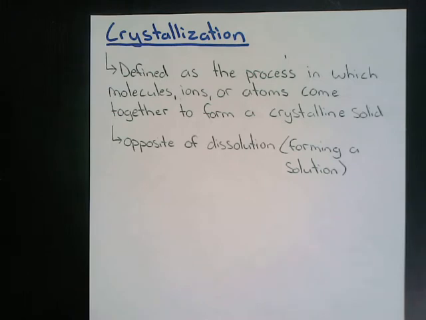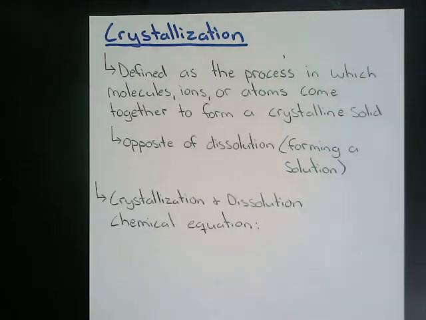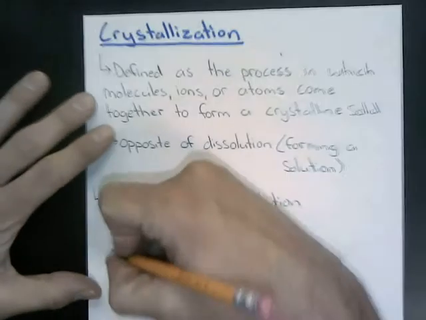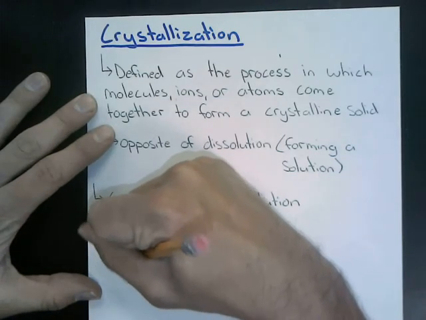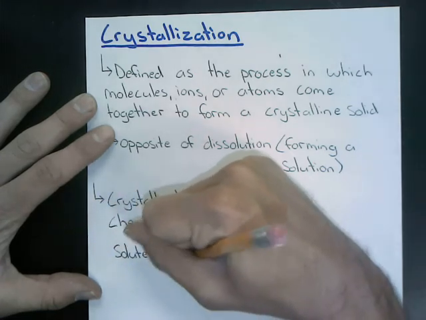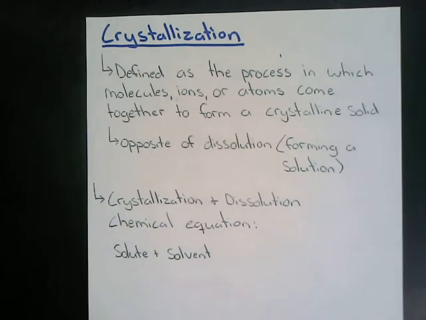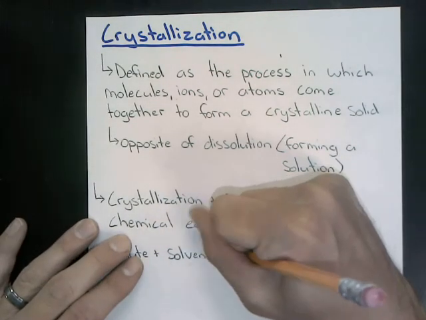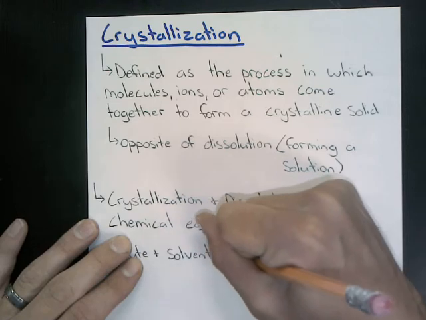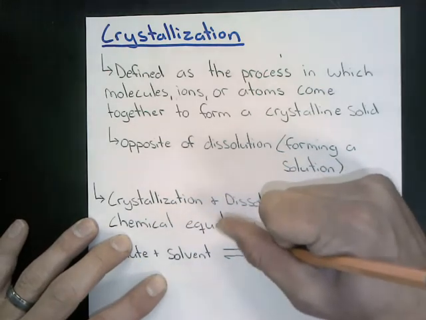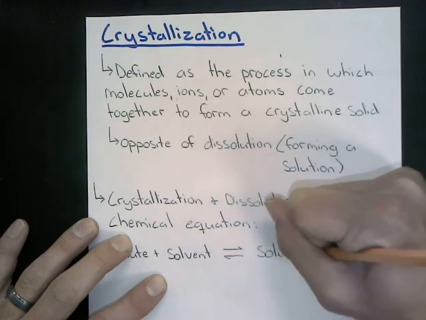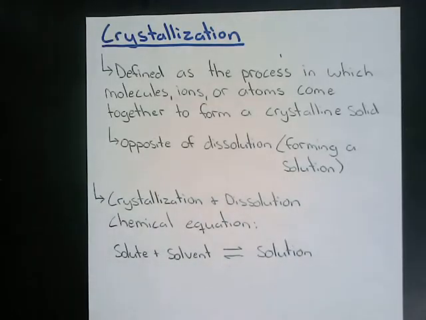Now, we can tie together a chemical equation used to represent this process of going from crystallization to solution as follows. So what this chemical equation is, is this. You have the solute and the solvent interacting, and we're just going to call that over here what we traditionally know as the reactant side. Now, what happens here is that this forms the solution, okay? And I put an odd symbol here, and this is known as equilibrium.